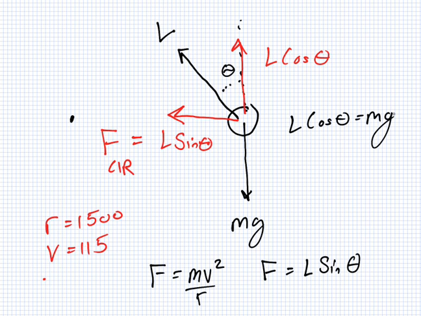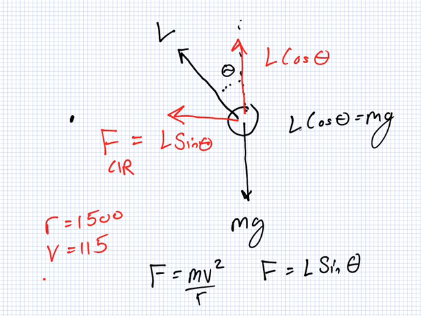Now why is this? Why is L cos theta equal mg? Yeah, you're right. It's not moving vertically, it's moving horizontally in a circle. So the up and the down must be equal, because it's not going up like this, it's just going around like this here. Okay.